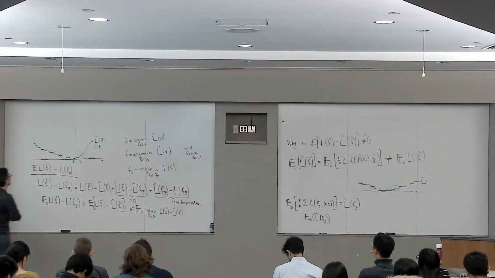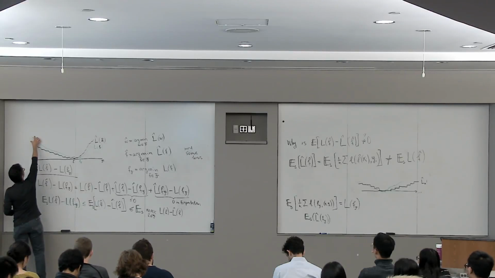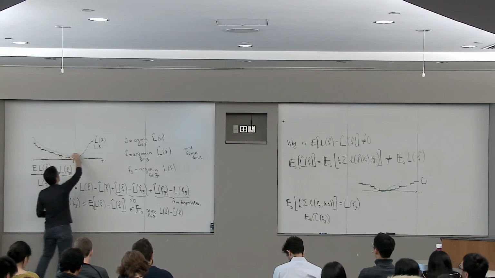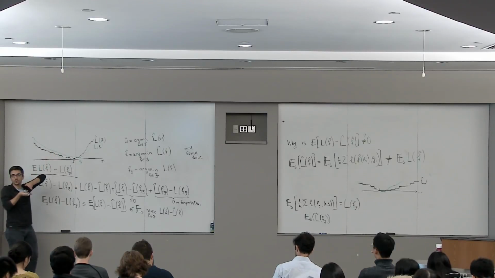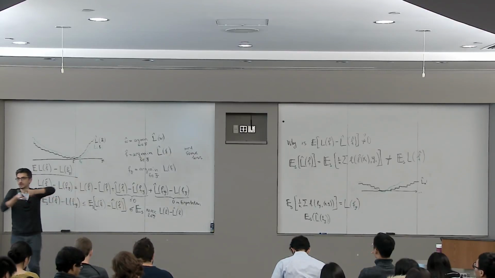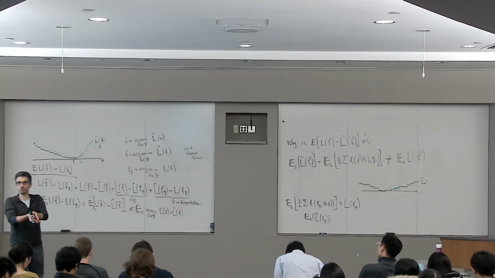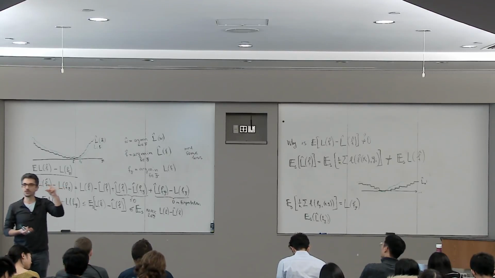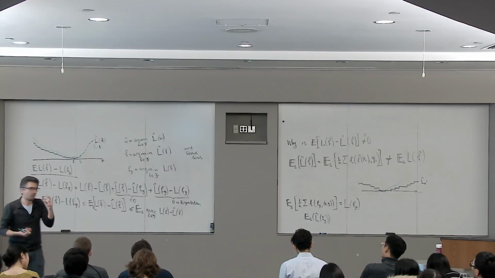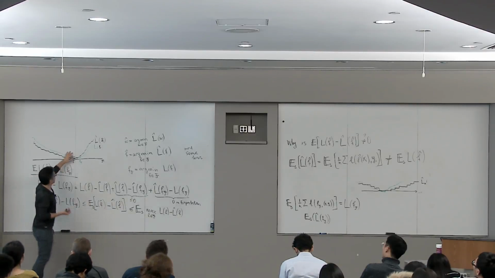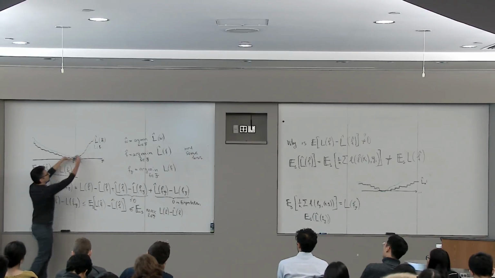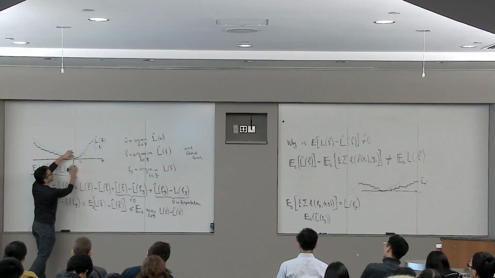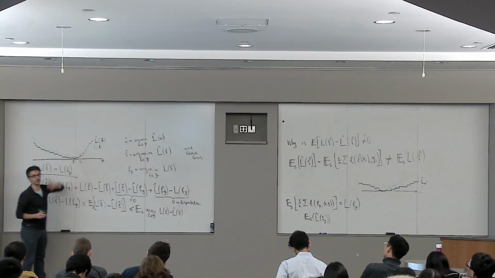Which is exactly saying, if I could say that these two curves always fall in this tube of size this much, then I know for sure what this gap is, between L of f hat and L of f sub f.